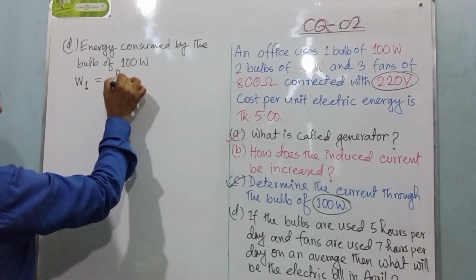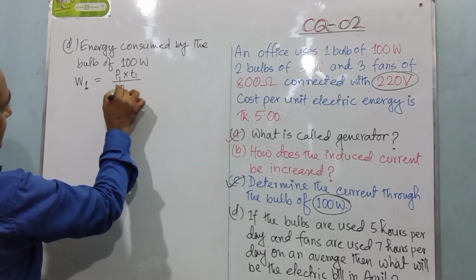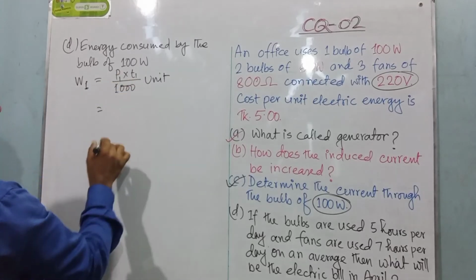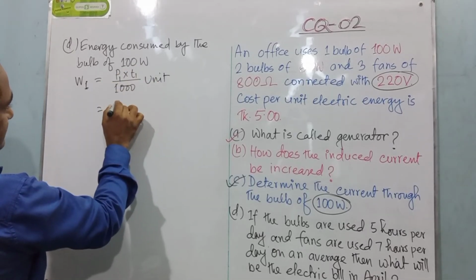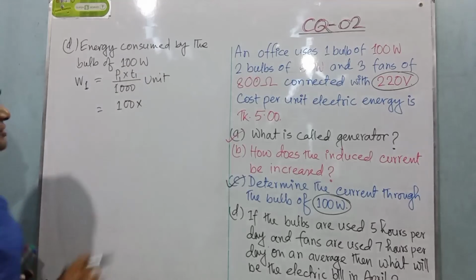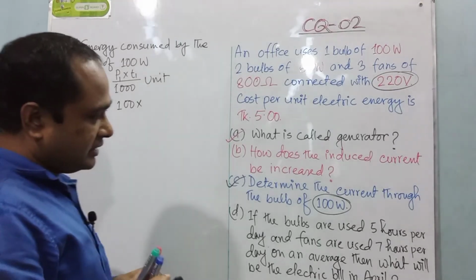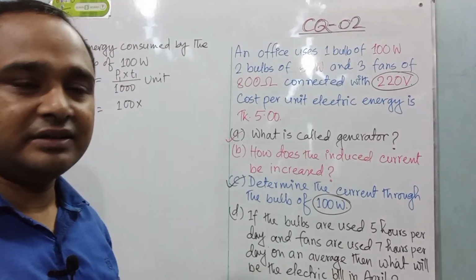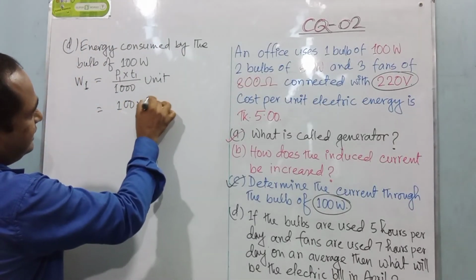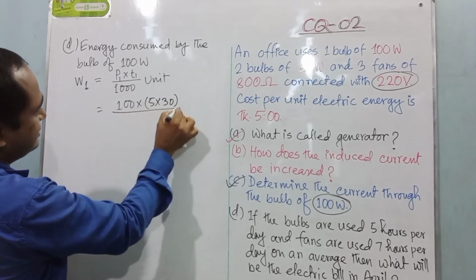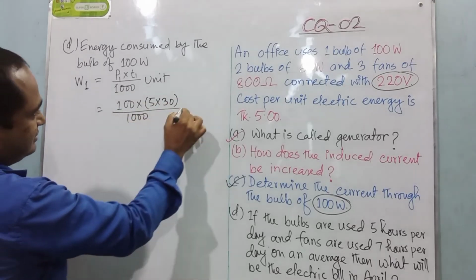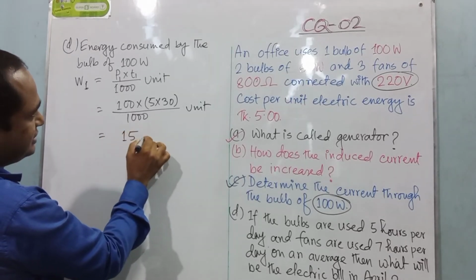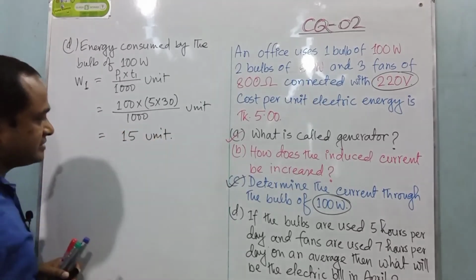W1 is equal to P1 into T1 divided by 1000 unit, right? P1 means power of the appliance, 100, multiplied by T1. T1 means time. Here they are using 5 hours per day, and in April there are 30 days. So time is 5 multiplied by 30, divided by 1000 unit. So after the calculation we will get 15 unit, right?